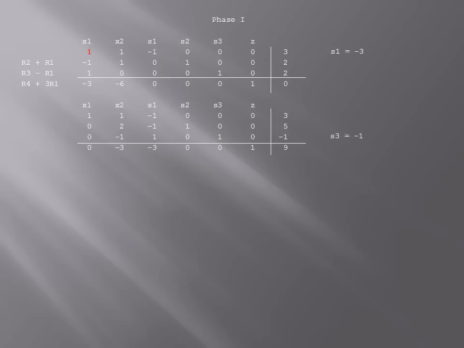The row responsible for s3 being a negative 1 is the third row. So the third row is the pivot row.